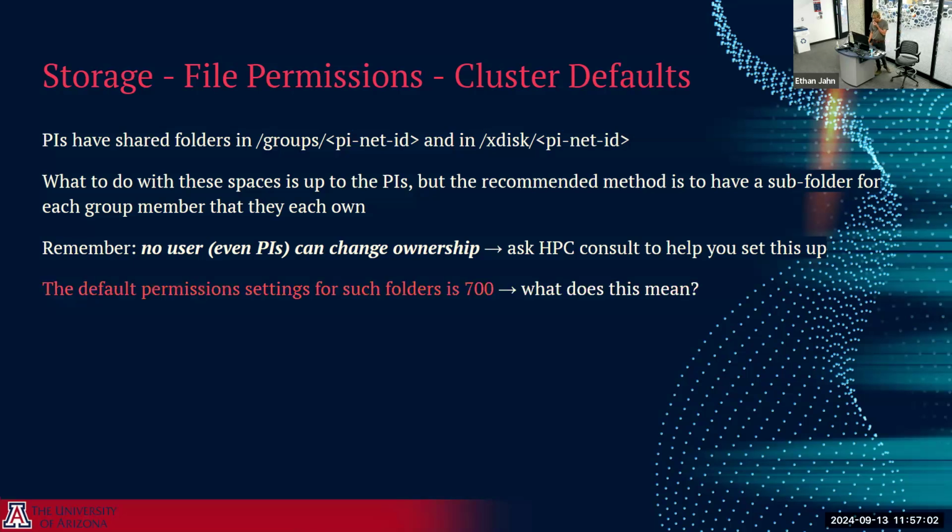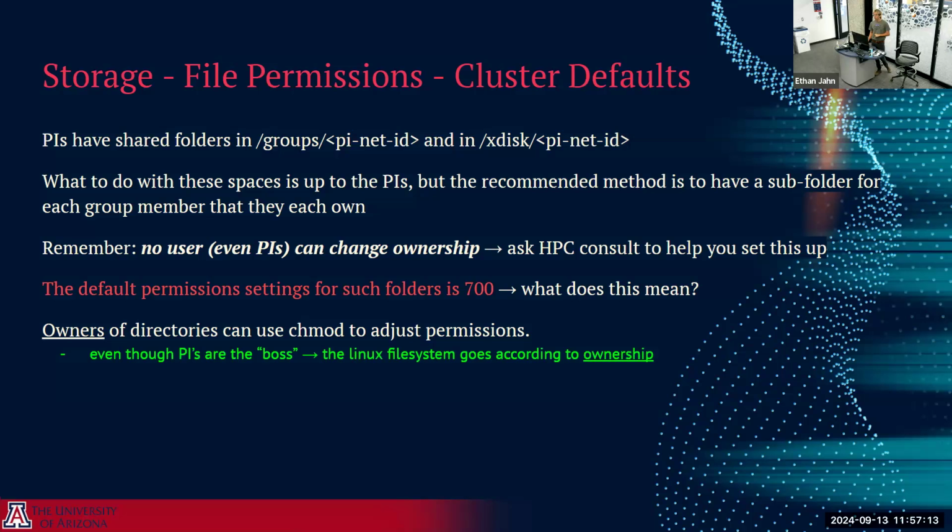The default permission setting for such folders is 700. So 7 again is the full set of permissions, and 00 would be no permissions for group members or other users. Remember, even though PIs are the owners of their group's share, the Linux file system goes according to the ownership of that folder.